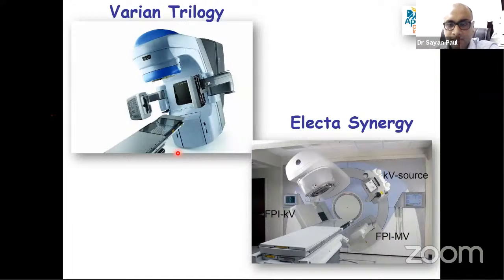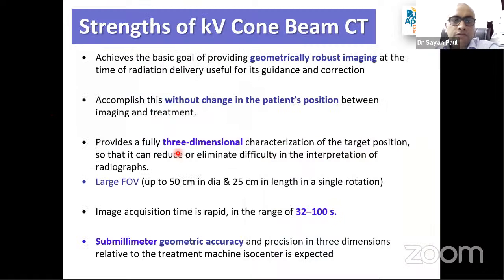Actually, the Elekta Synergy first incorporated CBCT, and then Varian also came up with their CBCT arm, which is called the on-board imager. So, what are the strengths of kV cone beam CT scan? It is a radiometrically robust imaging that provides us guidance for delivery and correction of shifts, and it does not change the patient position.